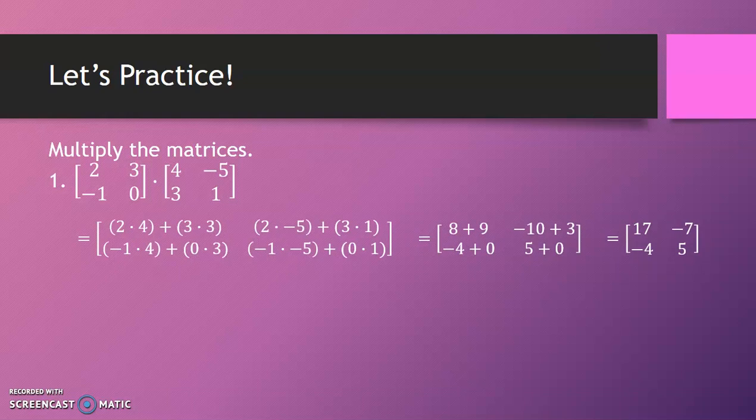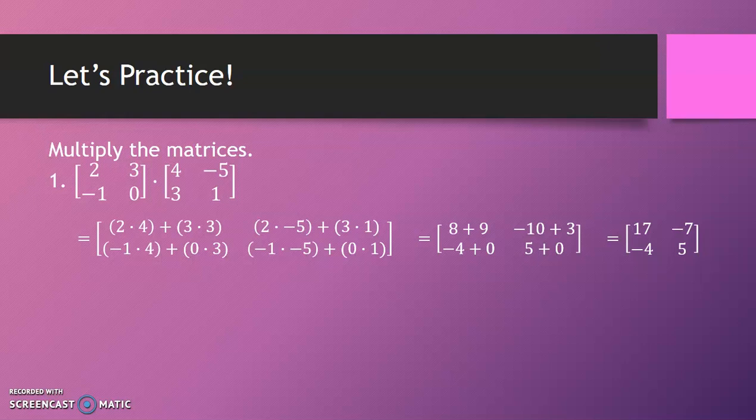I have it all typed out here, and I'm just going to talk through that pattern that I followed. So I'm taking that first row, 2, 3, times the first column, 4, 3. So 2 times 4, and 3 times 3. Then I move on to the second column, so 2 times negative 5, 3 times 1.